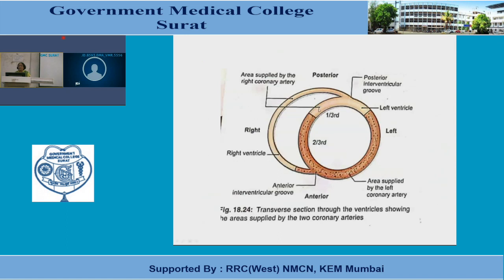The area adjoining the posterior interventricular groove is supplied by the right coronary artery. The light orange color indicates the area supplied by the right coronary artery, and the dark dotted orange color indicates the area supplied by the left coronary artery. This is the right ventricle, this is the left ventricle.